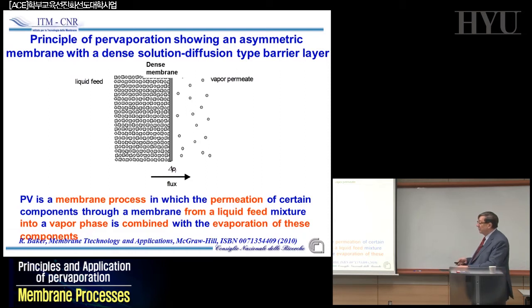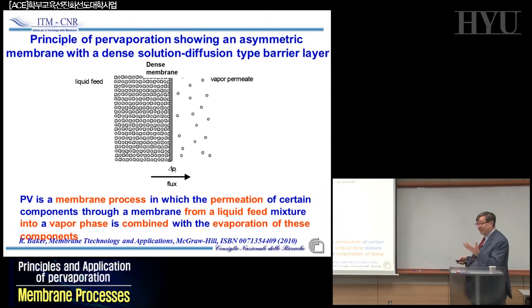Pervaporation is a membrane operation in which you have permeation through the membrane from a liquid. Different from gas separation, here you have a liquid feed on one side of your membrane, and you permeate vapor across.